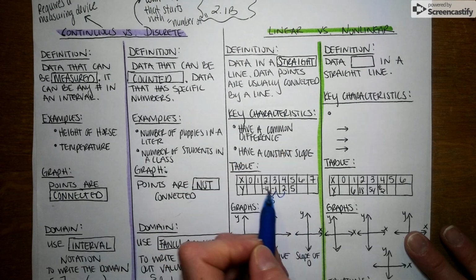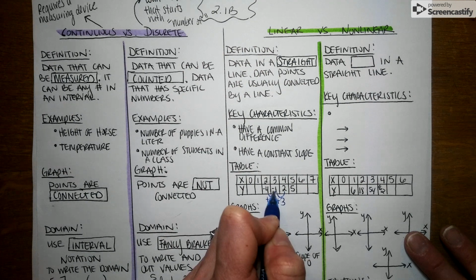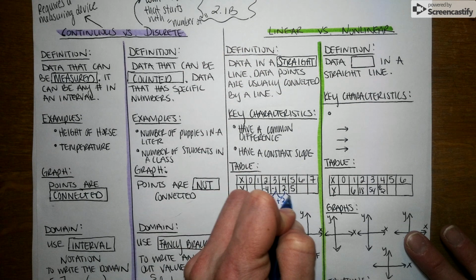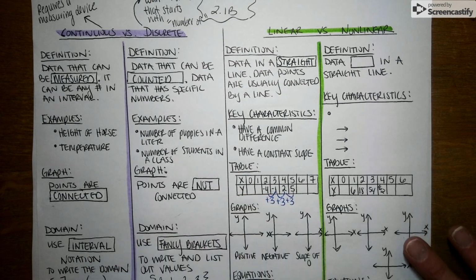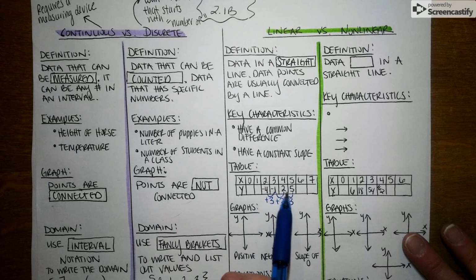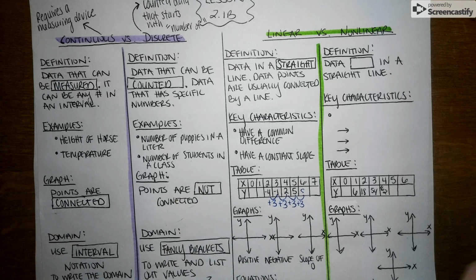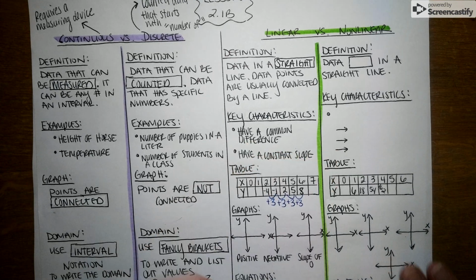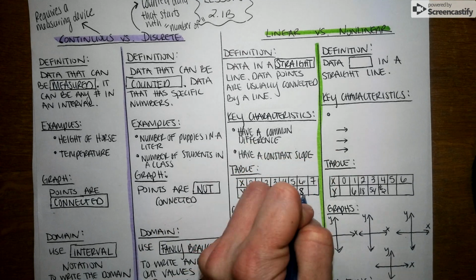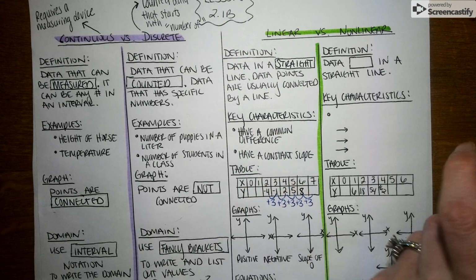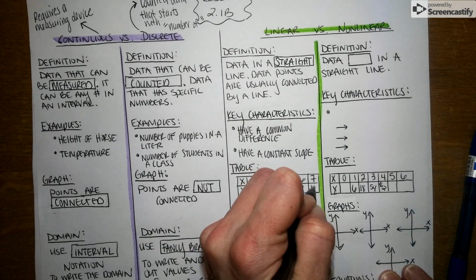If I'm at -1 and I add 3, I end up at 2. And 2 plus 3 is 5. To continue forward, 5 plus 3 gets me to 8, and then 8 plus 3 gets me to 11.